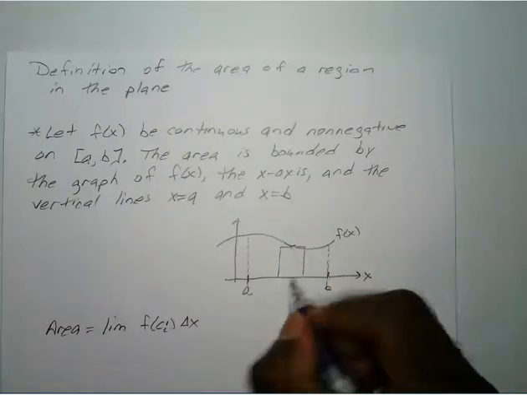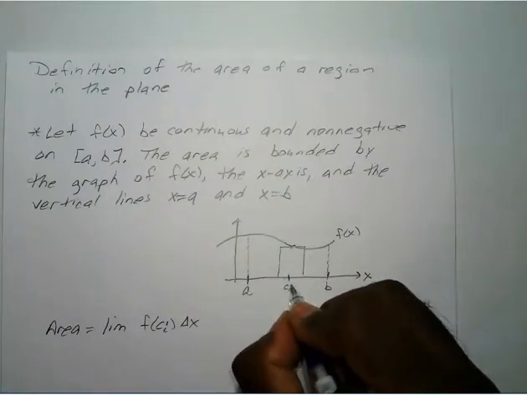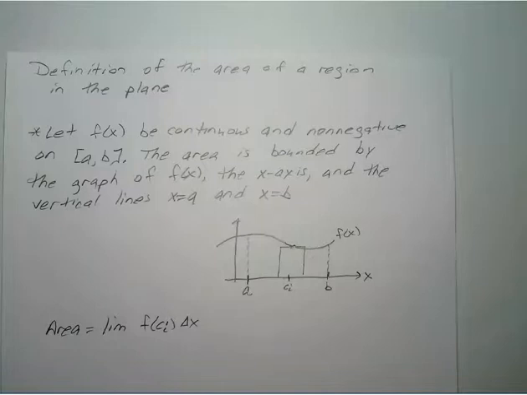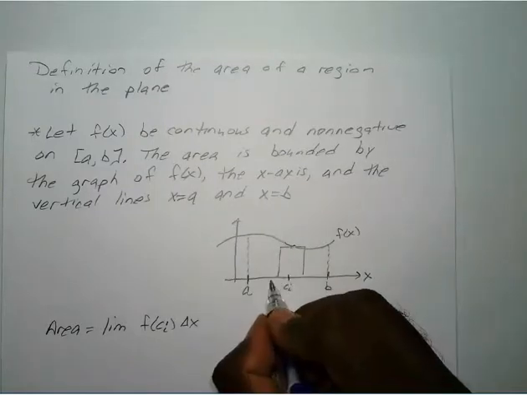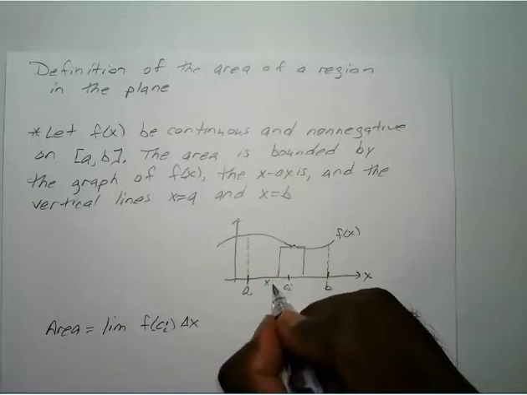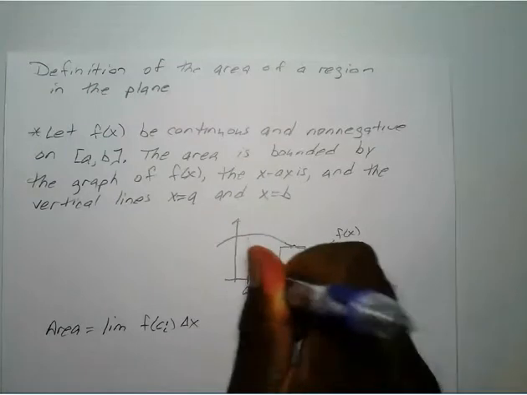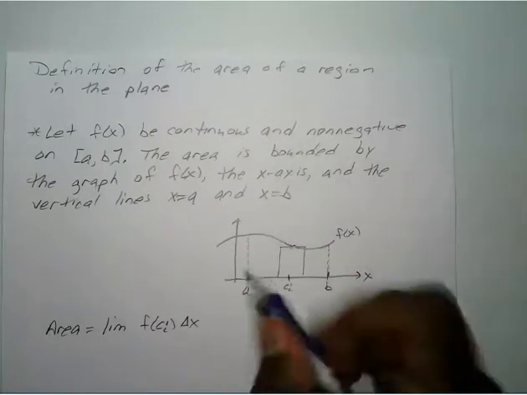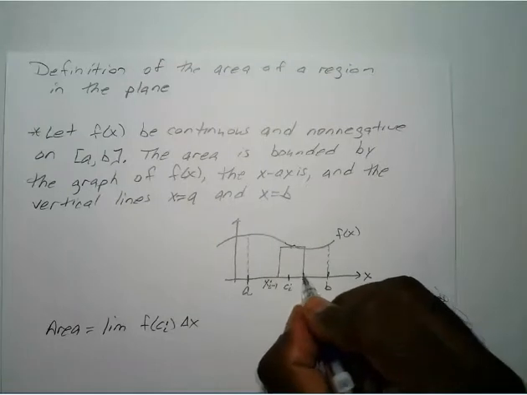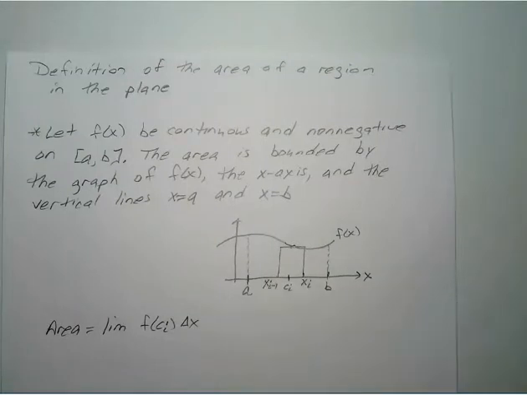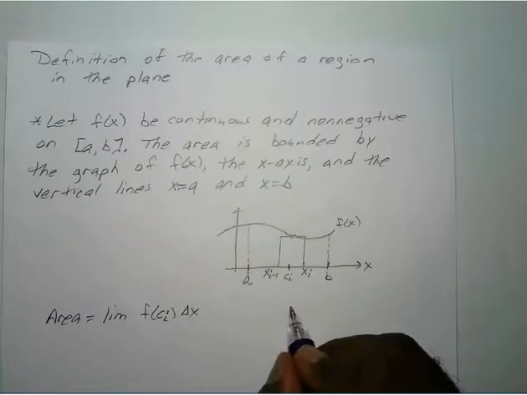So let's say this is our c sub i. With these, let's say this left side is our x sub i minus 1, and the right side is your x sub i. So that c sub i is between those two values.